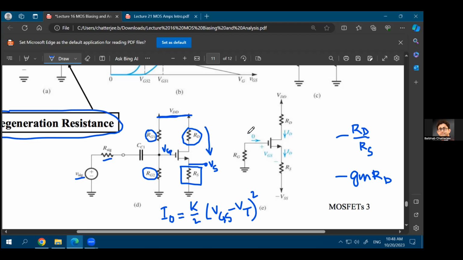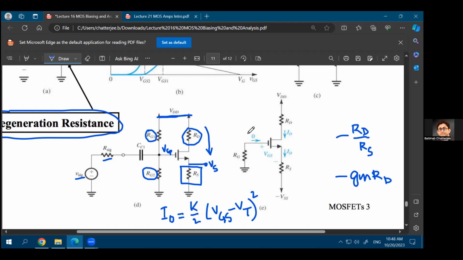Now imagine that because of some reason, let's say there is some temperature fluctuation, or there is some process variation in the MOSFET, that somebody is using, let's say person A is using a MOSFET, person B is also trying to use a similar MOSFET, but their properties are a little bit different. You have already seen this in your lab 4, that the threshold voltages of the MOSFETs could be different from person to person.